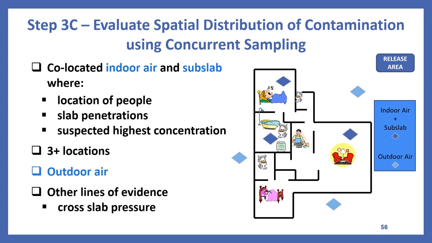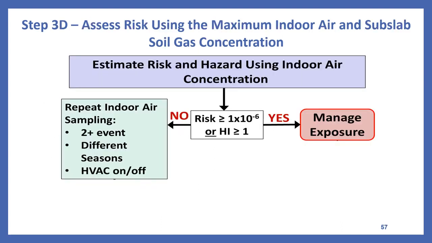The next step is 3D, which is assessing risk using those maximum indoor air and subslab soil gas concentrations. First, we want to determine if vapor intrusion is occurring by evaluating the indoor air results with all available lines of evidence. You want to compare the subsurface concentrations to the indoor air sampling results.